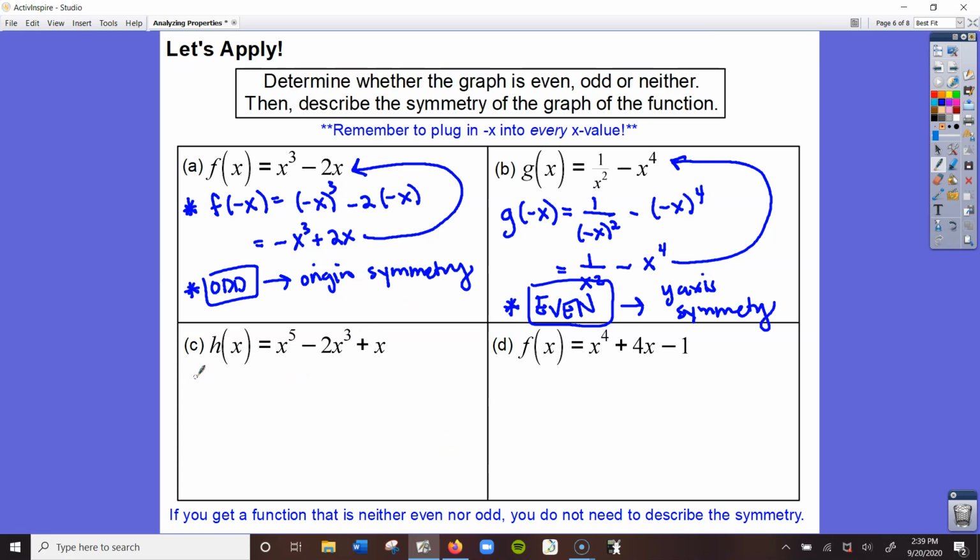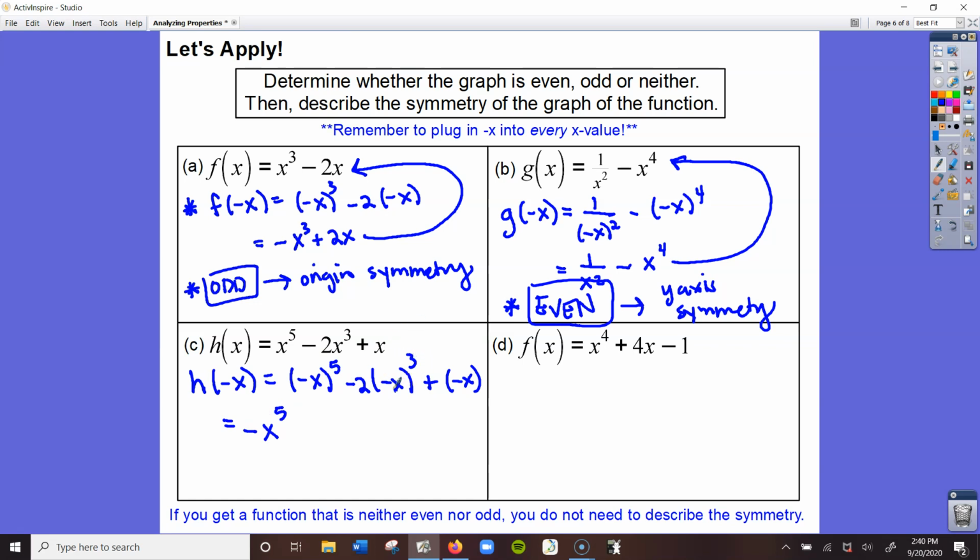For this last one here, we have h of x, so I'm going to plug in negative x. And this would give me negative x raised to the fifth minus 2 times negative x to the third plus negative x. And if we clean this up, negative x to the fifth will become negative x to the fifth, meaning it remained negative.